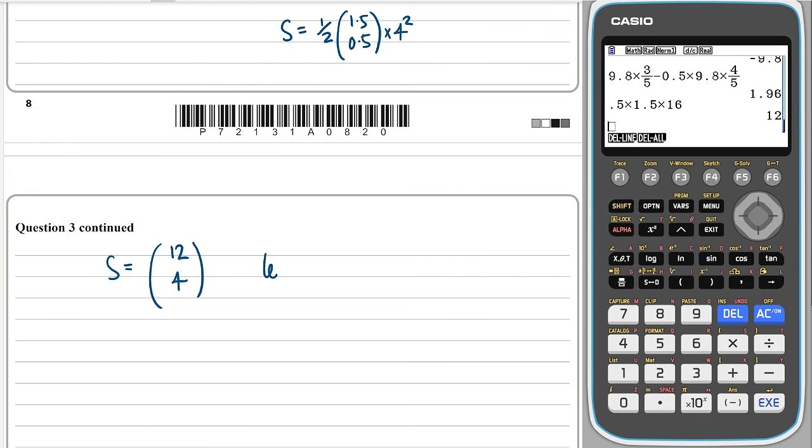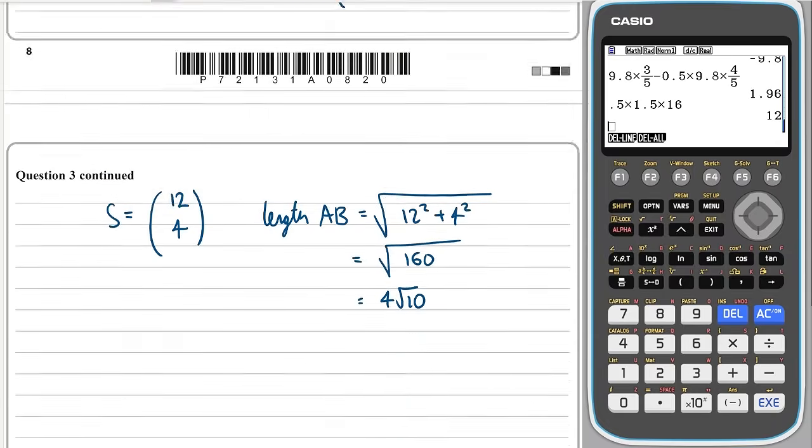So the distance it's travelled, or the length from A to B, is equal to the square root of 12 squared plus 4 squared, which is equal to the square root of 160, or you could write that as 4 root 10. And we're done.